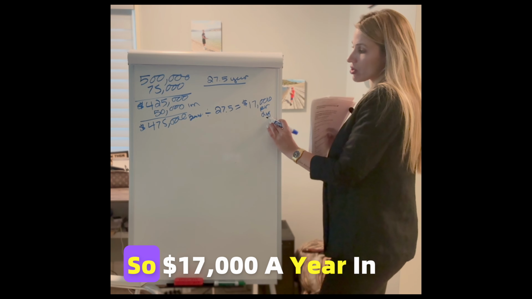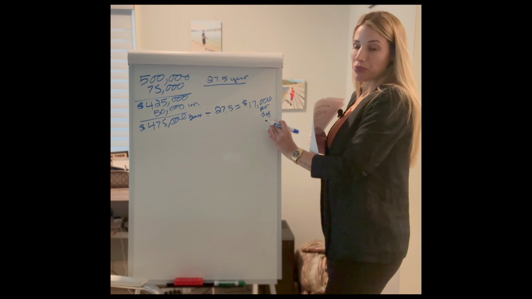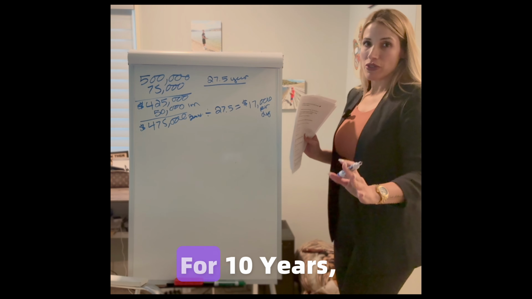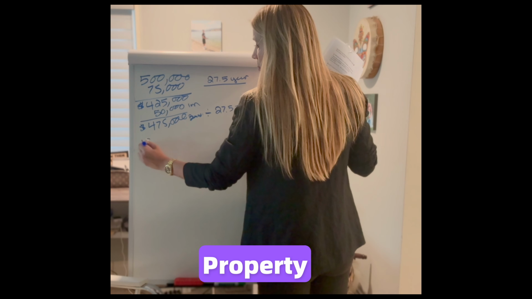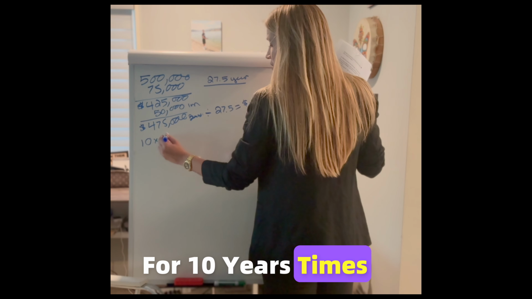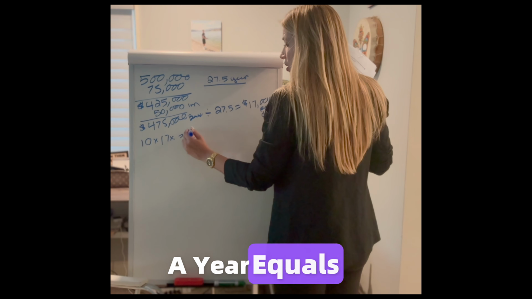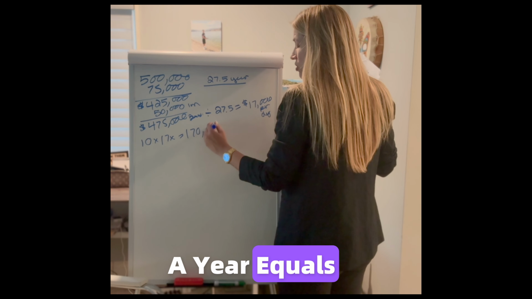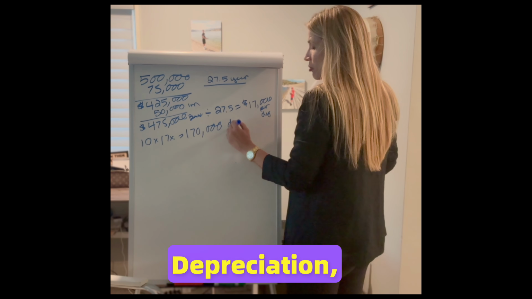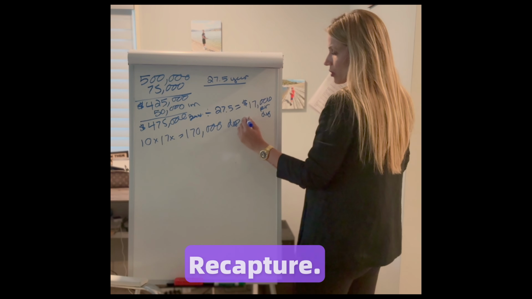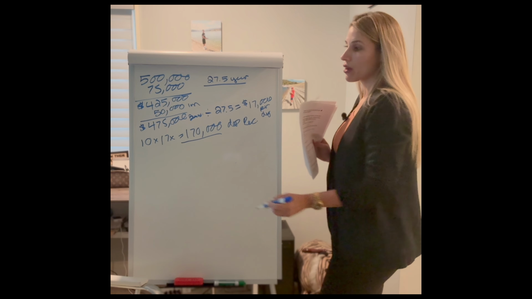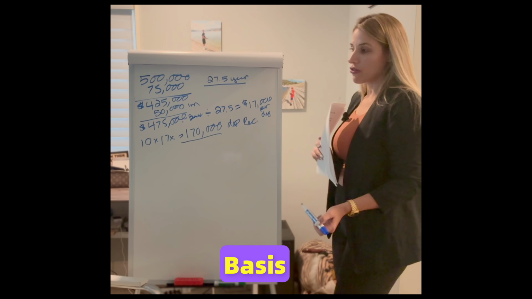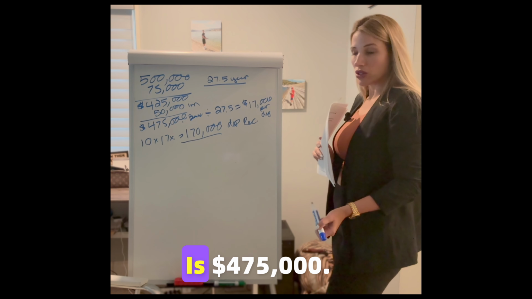So $17,000 a year in depreciation. Say you own the property for 10 years, just for equation purposes. You own the property for 10 years times $17,000 a year equals $170,000 of depreciation, also recapture. Our basis is $475,000.